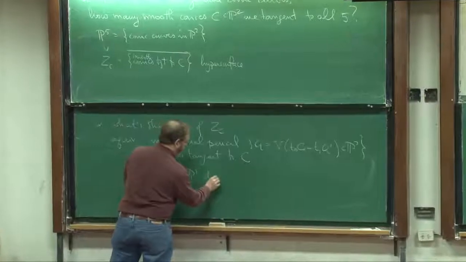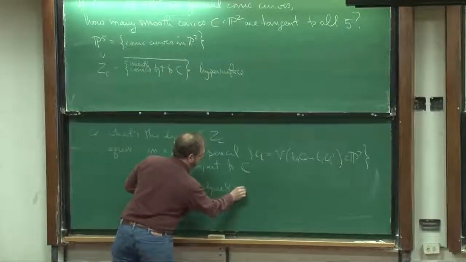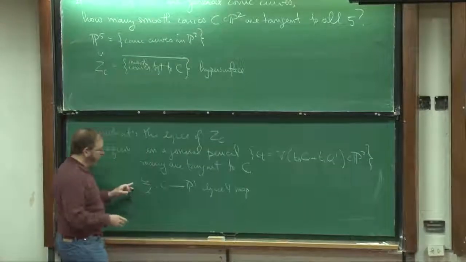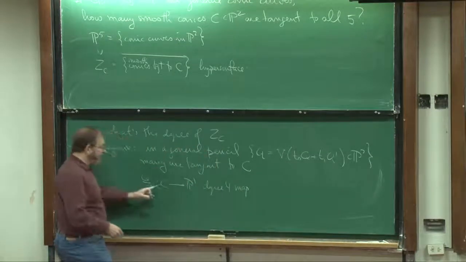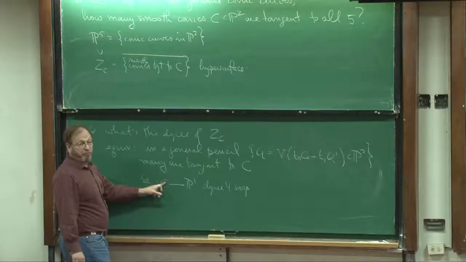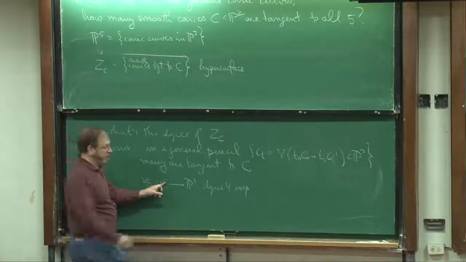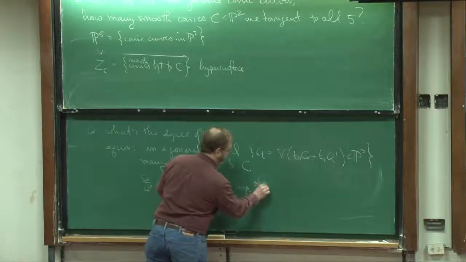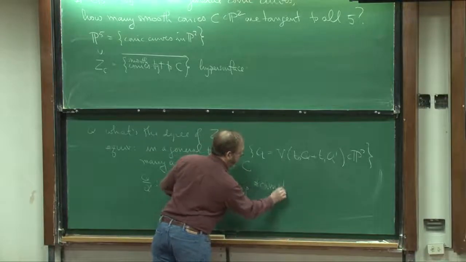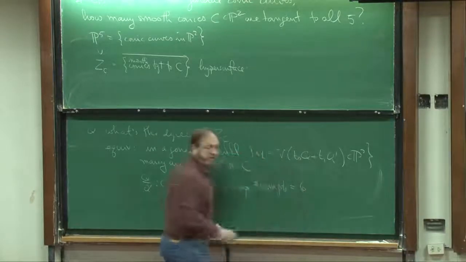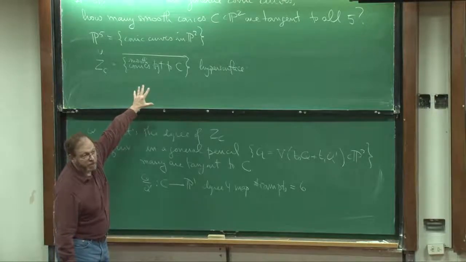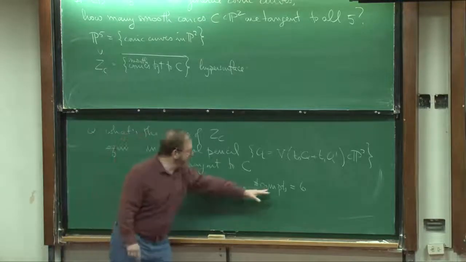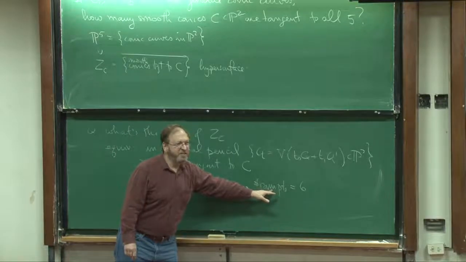So this is a degree 4 map. And the conics in this pencil tangent to C correspond to branch points or ramification points of this map. So the number of ramification points by Riemann-Hurwitz is equal to 6, and again, that tells us the degree of the hypersurface.